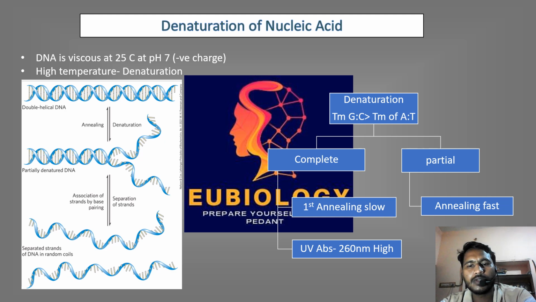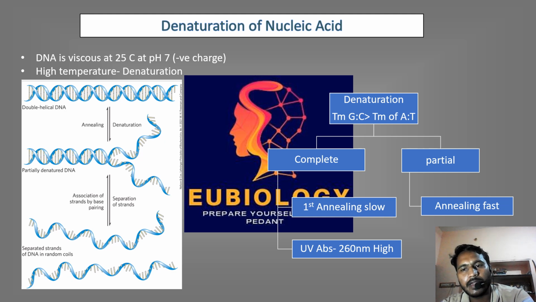About the absorbance, the absorbance of the DNA is measured at 260 nanometer of UV rays. The absorbance will be high for the completely denatured, but the absorbance of the partially denatured will be low. Why? Because the nitrogenous bases are stacked here, but in the completely denatured they are not stacked.